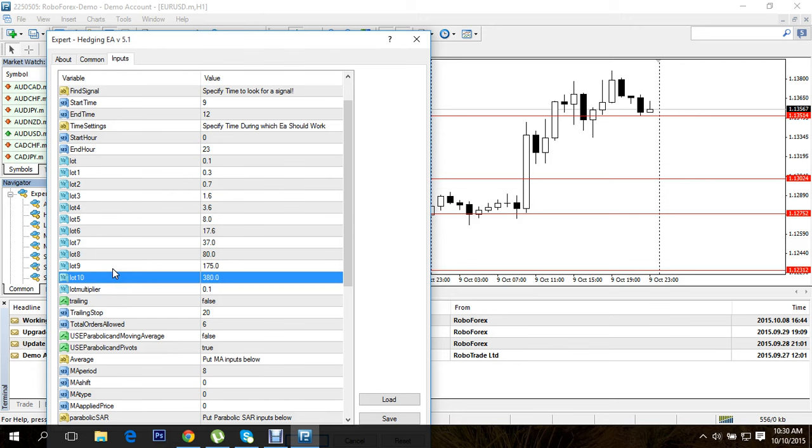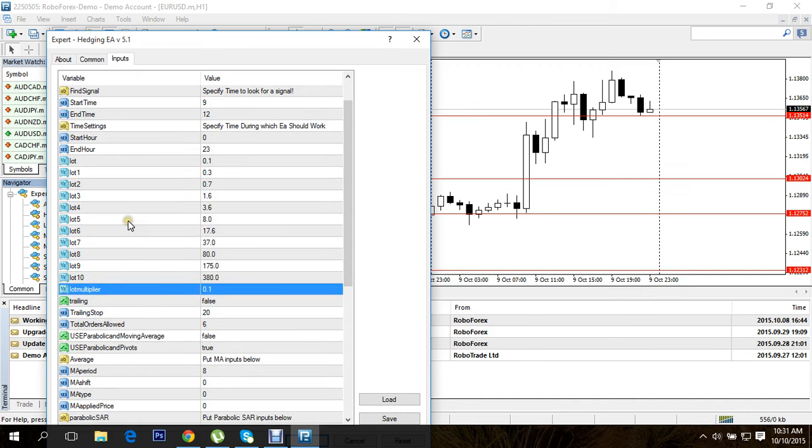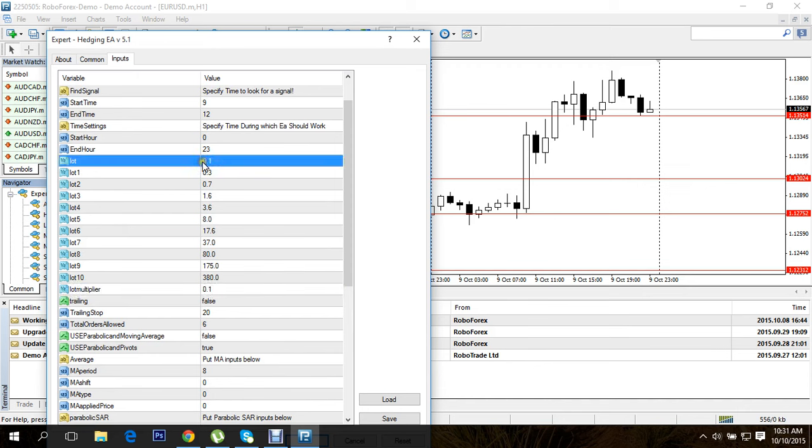This next variable, which is very important, is the lot multiplier. Some people, when they get this EA from me, think that this EA will place its first trade with a lot size of 0.1.